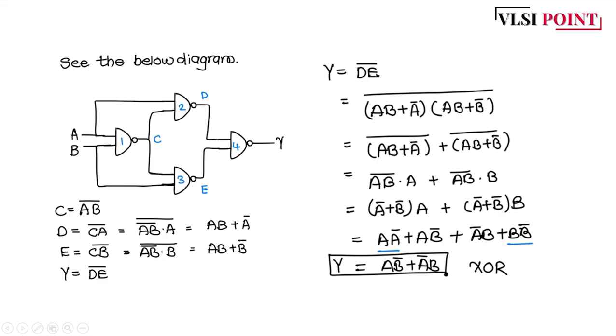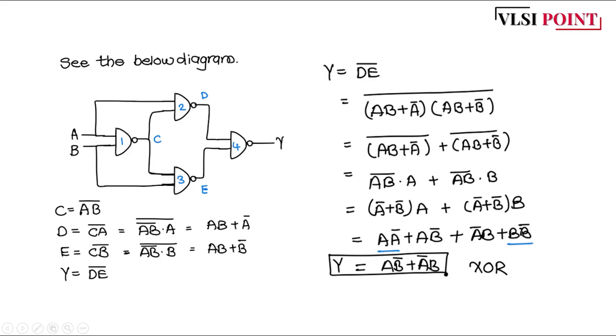We know Y equals (D·E) bar. This is D, this is E. Then what's D? We know it is AB plus A bar. What is E? It is AB plus B bar. So we are solving this, and once you solve, we get the terms A bar, AB bar, A bar B, and BB bar. A into A bar is 0, so we can cancel out the highlighted term.